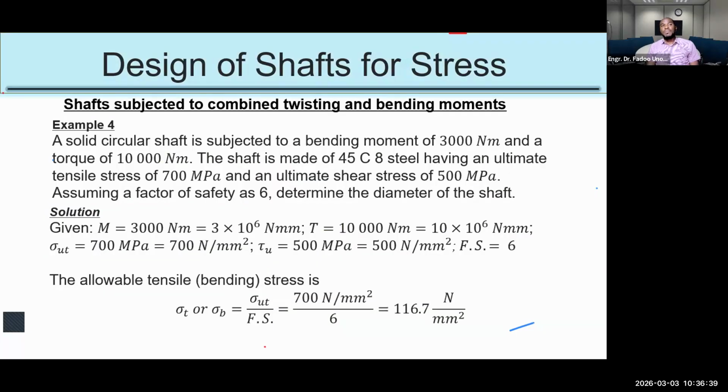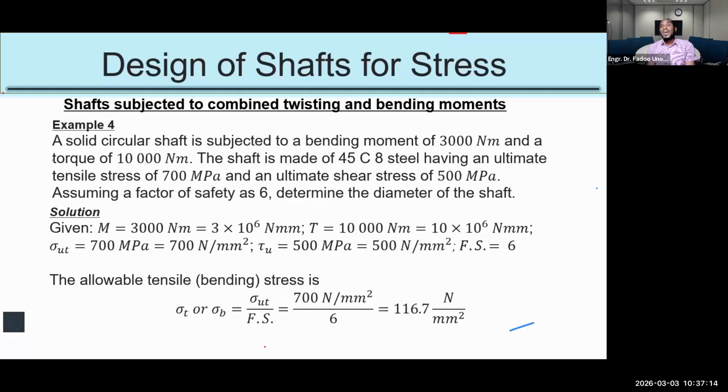So let's look at this example. A solid circular shaft. So here we're told the solid shaft, so we don't need to assume anything. A solid circular shaft is subjected to a bending moment of 3,000 Newton meter. They have just done us a favor by giving us the bending moment. So we don't need to start calculating to find what the maximum bending moment will be.